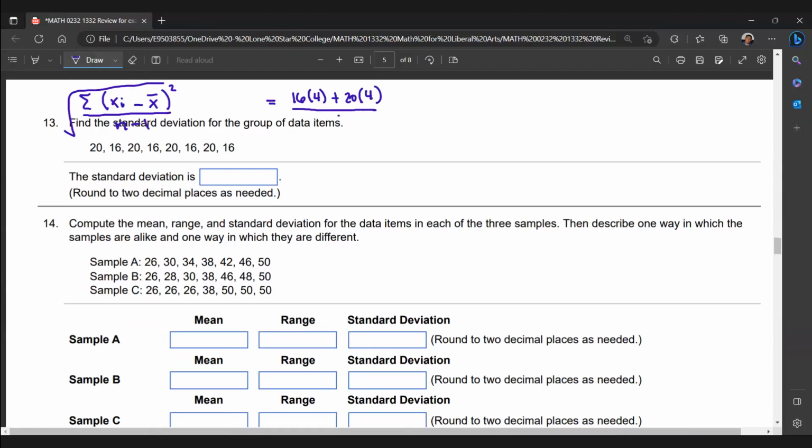This divided by 8, because there are 8 data items. So we got 16 times 4 plus 20 times 4, which is 144, divided by 8, and we get 18.